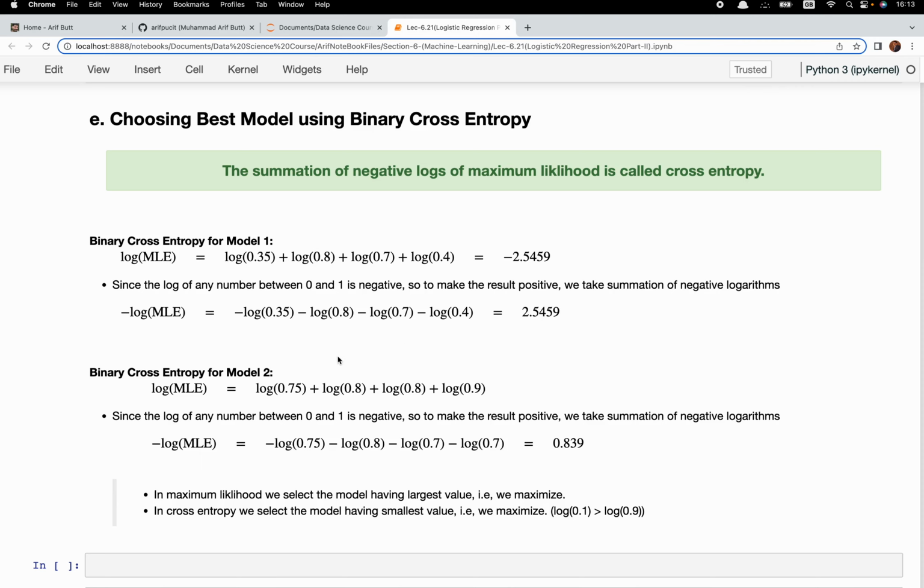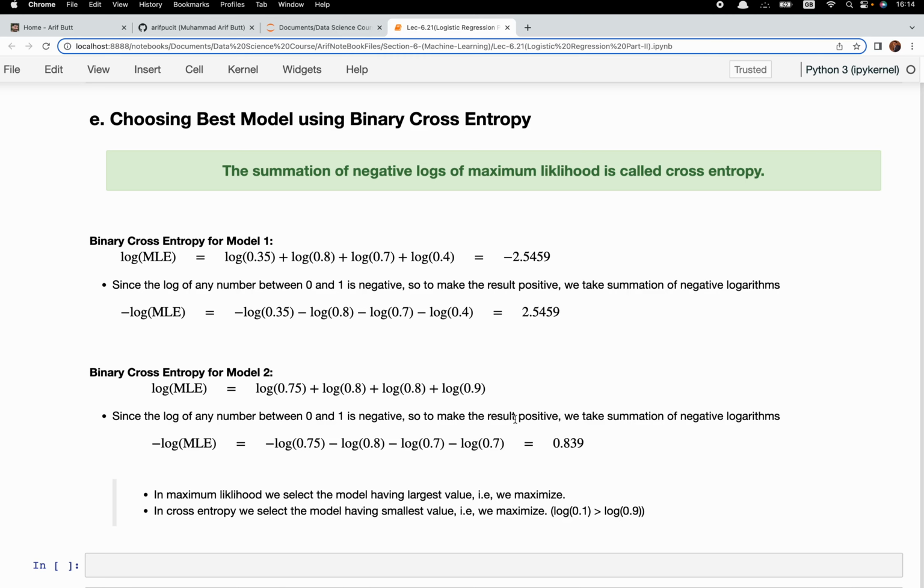Okay, for model 1 the cross entropy is 2.54, and for model 2 the cross entropy is 0.839. I hope this is making sense. My dear students, in maximum likelihood we select the model having the largest value, that is, we maximize.